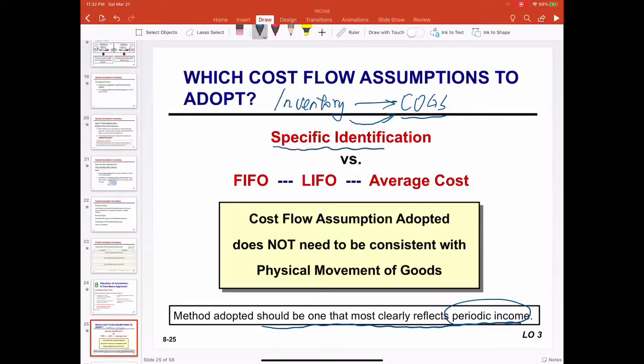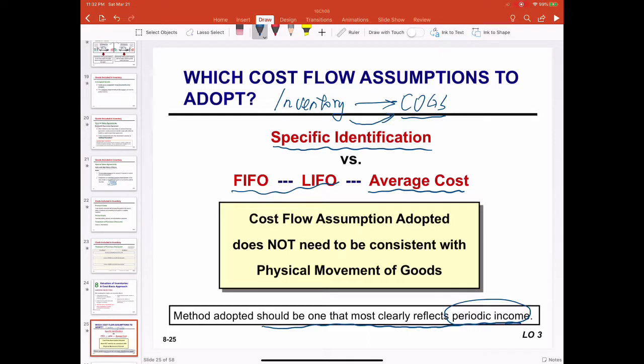First one is specific identification. This one is preferred for industries or firms that produce personalized items, for example, jewelries, housing. And average is very simple. We just use average cost to calculate the cost of goods sold.